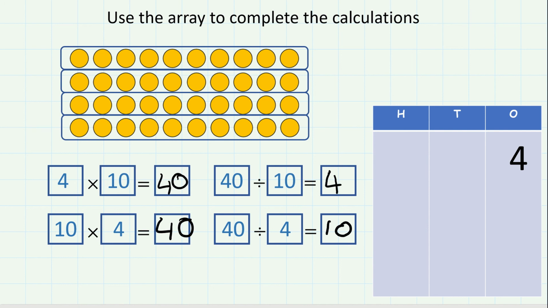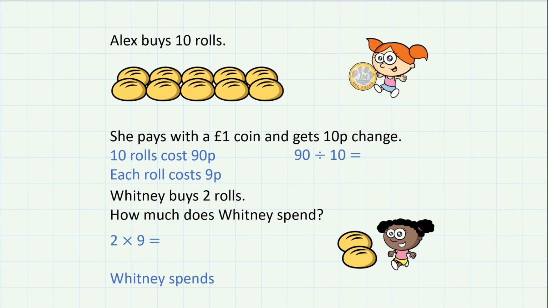Okay, let's put this into a practical question. So here we are. Alex buys 10 rolls. She pays with a £1 coin and she gets 10p change. So from that, we know that 10 rolls must cost 90p. So we need to figure out what 90 divided by 10 is.